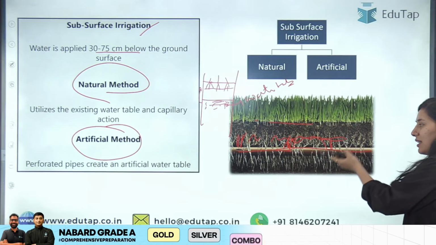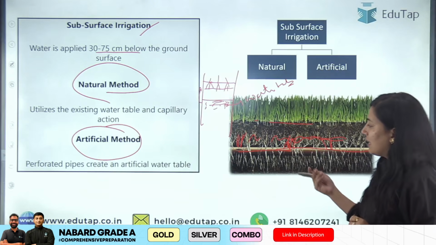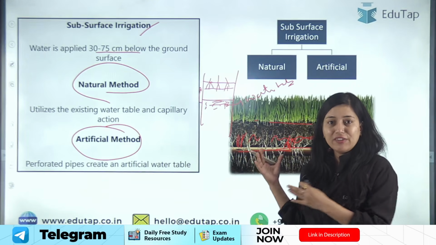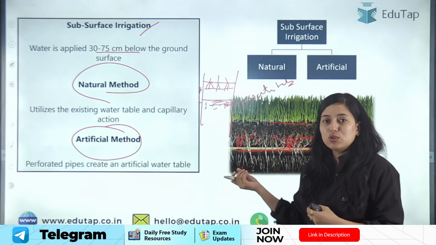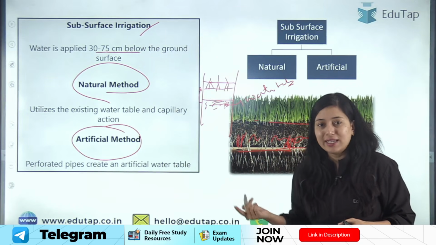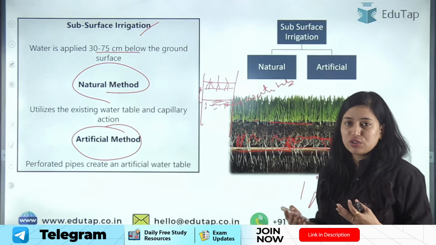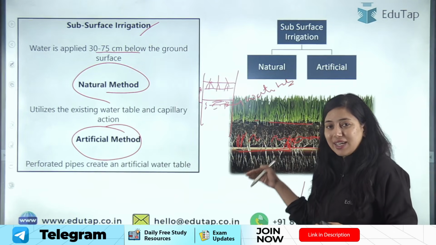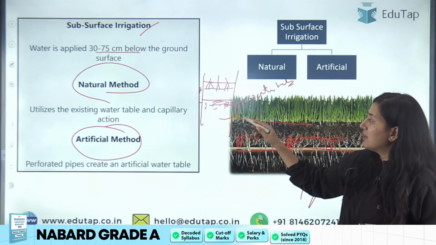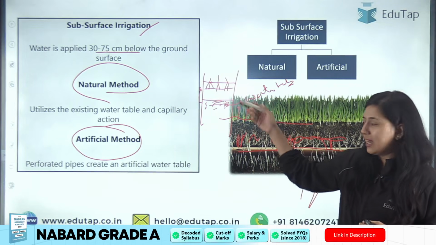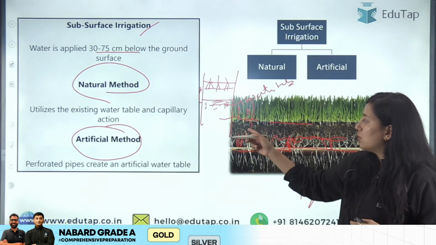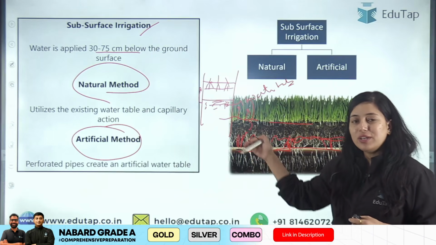Now, what is the advantage of this type of irrigation method? The installation investment is very high. It's not easy to install pipes at subsurface level, and it's also not easy to maintain them for a longer duration. But the advantage is that when we apply water to the surface, it is prone to evaporation losses. Some amount of water will evaporate and only some will go inside the soil.